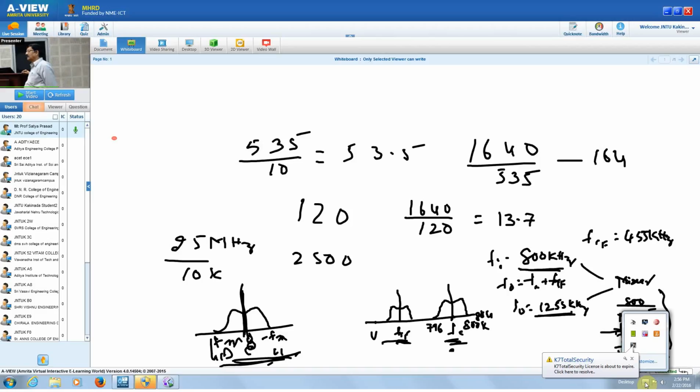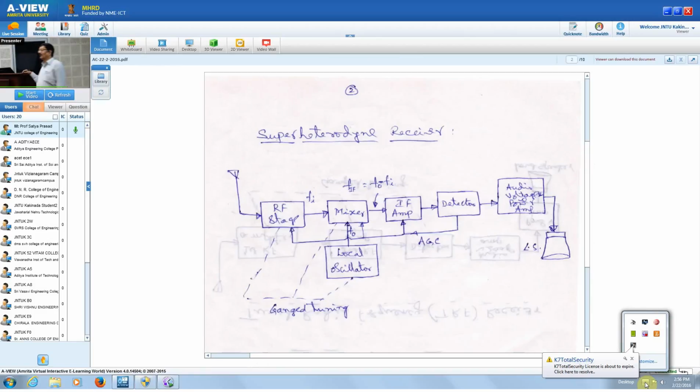Therefore, you can't use this method in AM. I will discuss AM receiver in more detail.